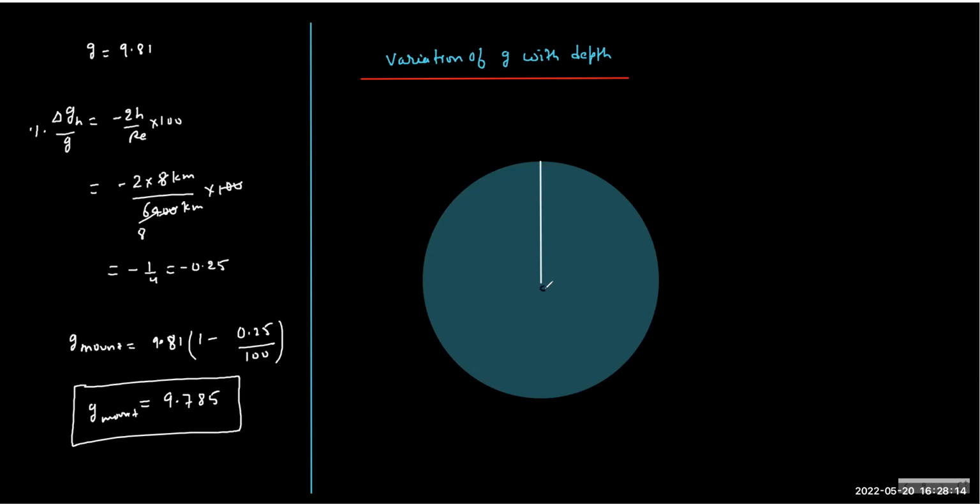If the radius is R, from Earth's surface you go below. This means from the surface how much you go below, right? So how far are you from the Earth's center? Re minus d, correct?